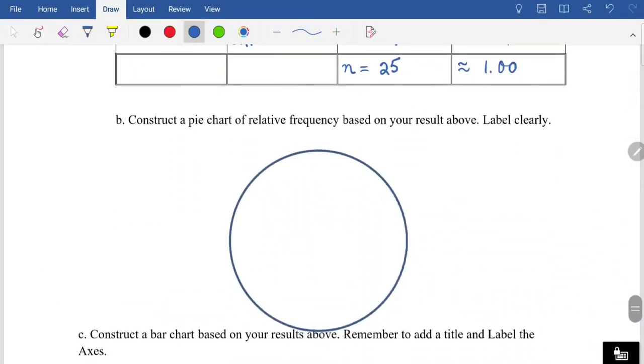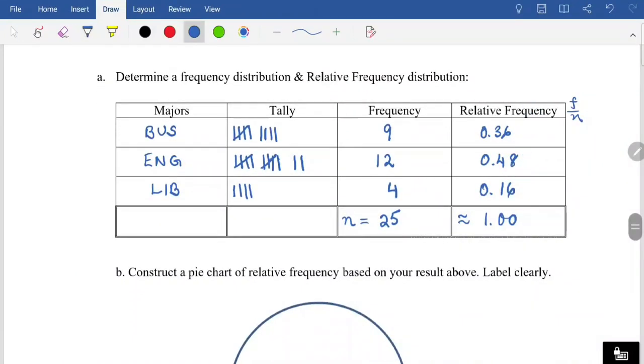Now, the next part of the question says, construct a pie chart of relative frequency based on your result above, label clearly. So we have to create a pie chart. In other words, we have to divide this circle into pies. We have to carve pies based on the relative frequencies.